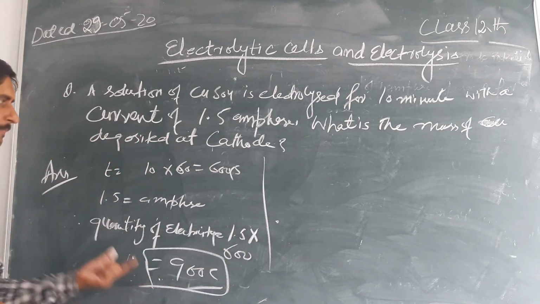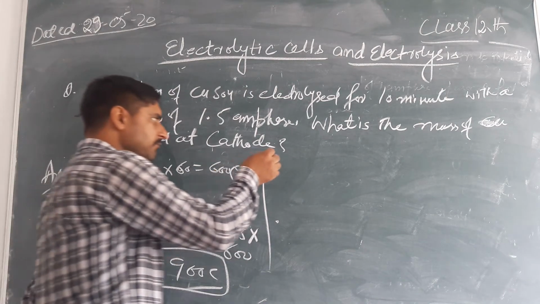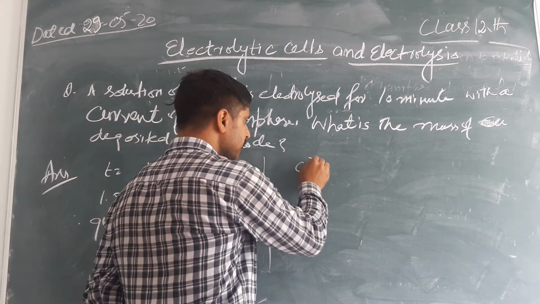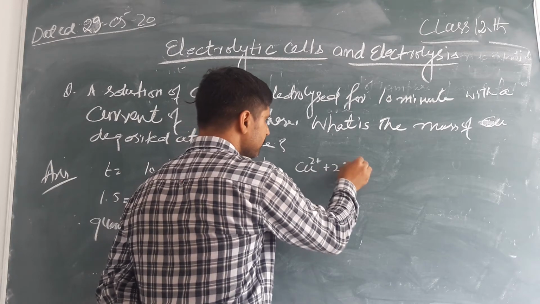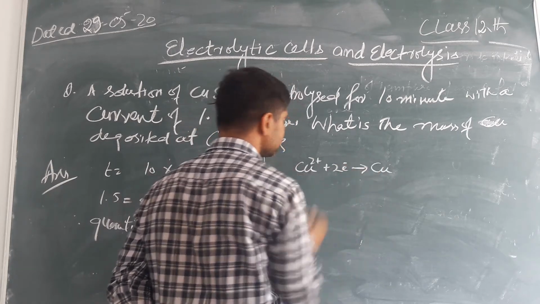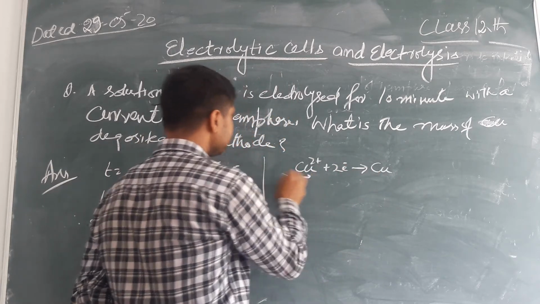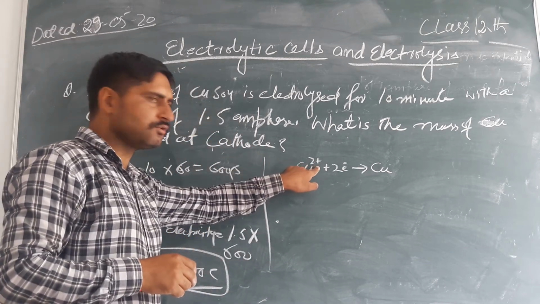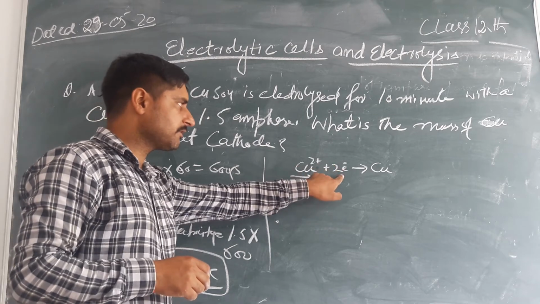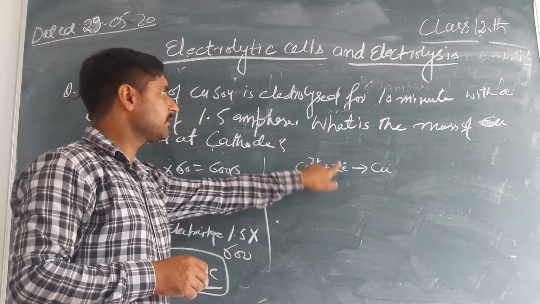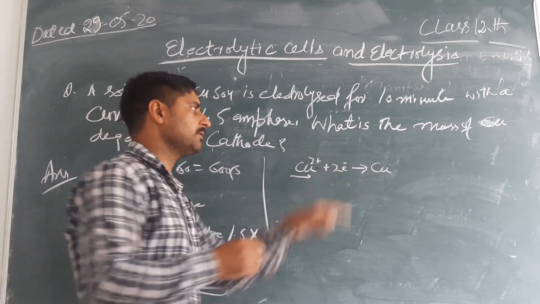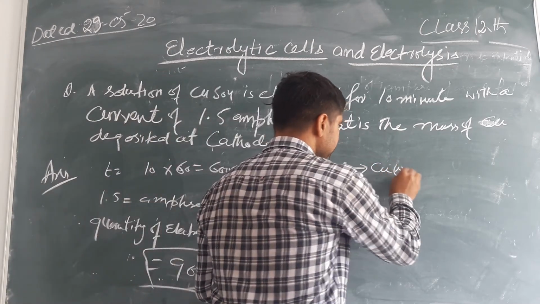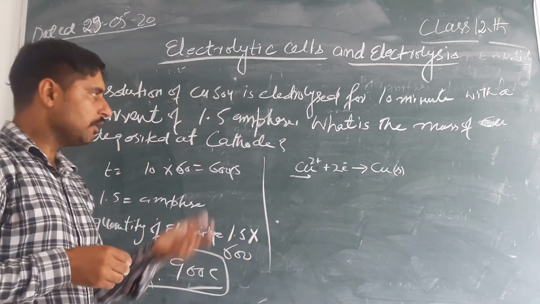Another thing, when we deposit copper, in the copper sulfate solution copper acts as Cu2+. It gains 2 electrons to form solid copper, which is deposited at the cathode.